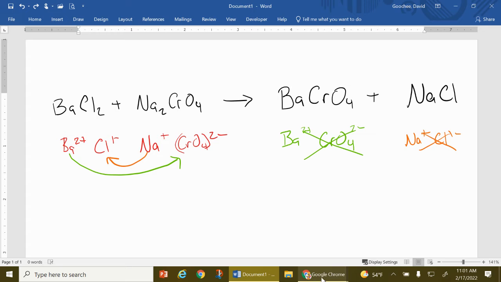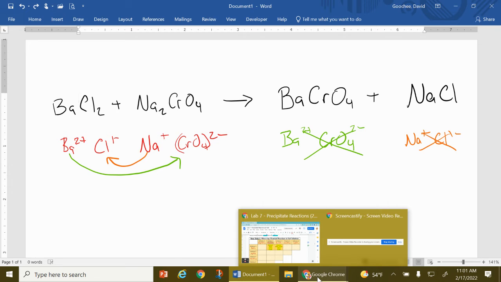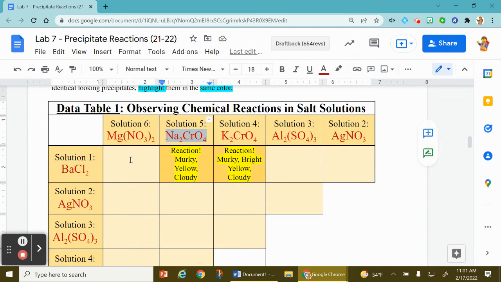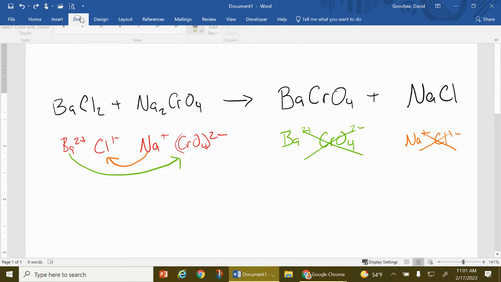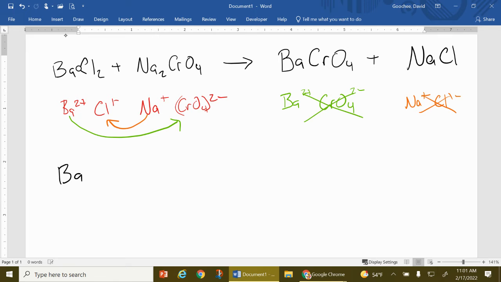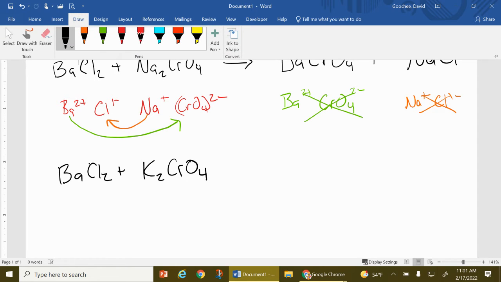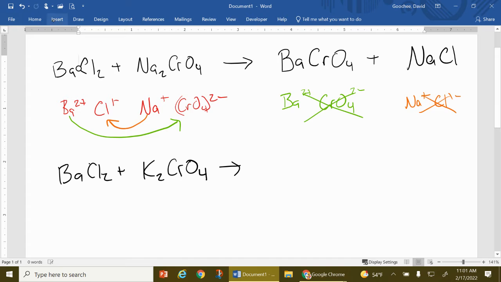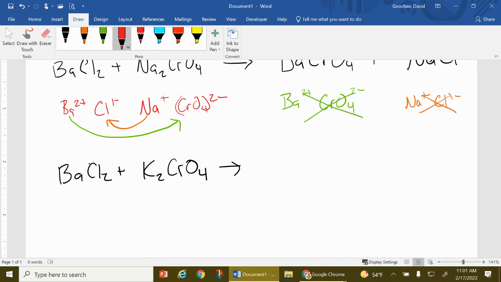So what we have to do is the other double replacement that also produced a murky yellow gunk, and that one was barium chloride and potassium chromate. So let's whip that one up real quick. All right, charges are similar, so this should be pretty easy.